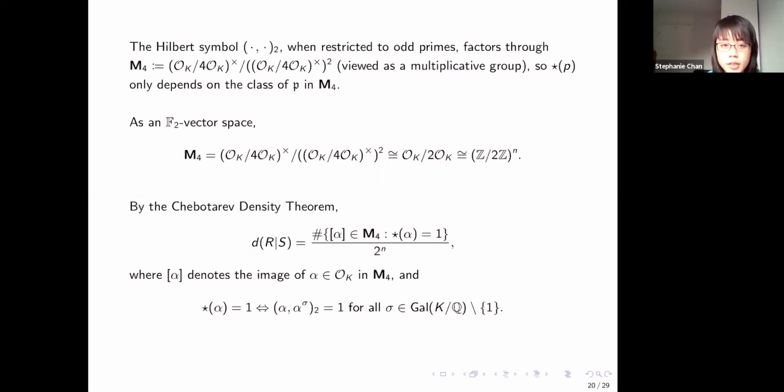So we want to restrict our attention to something that is smaller.